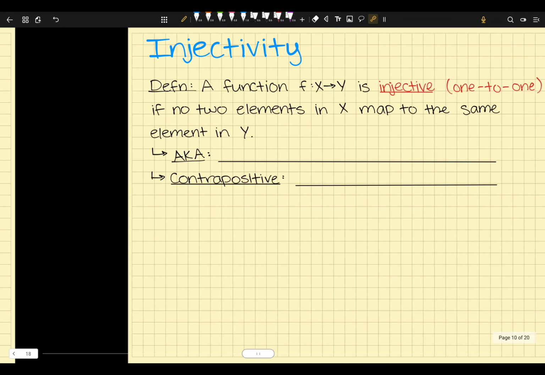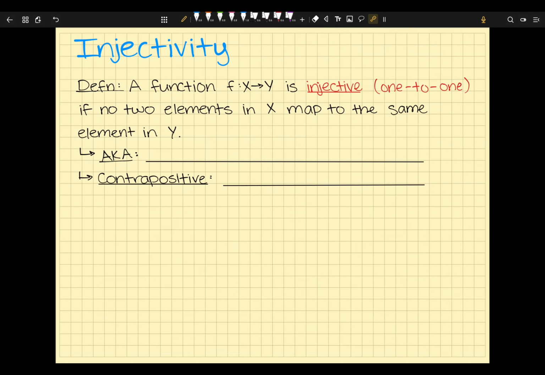Second, we'll talk about injectivity. So a function f from x to y is injective, or 1 to 1, if no two elements in x map to the same element in y. Mathematically, we say that if x1 is not equal to x2 in x, then f of x1 is not equal to f of x2.